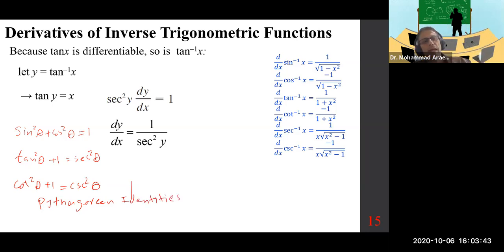So we're going to use that, okay? So secant squared, therefore, is tan squared plus 1. If you go back here, x is tan, so tan squared means x squared, plus 1.